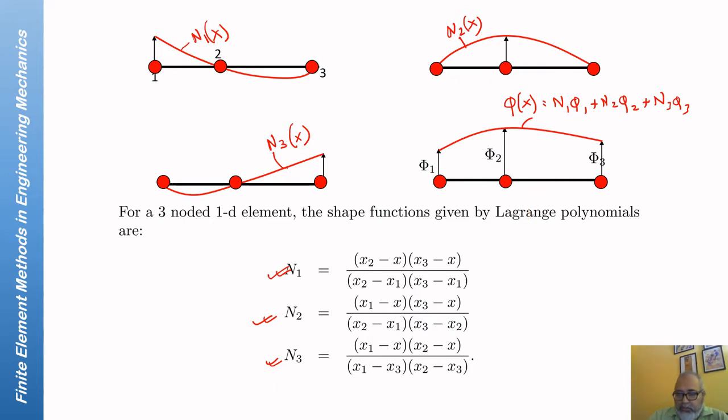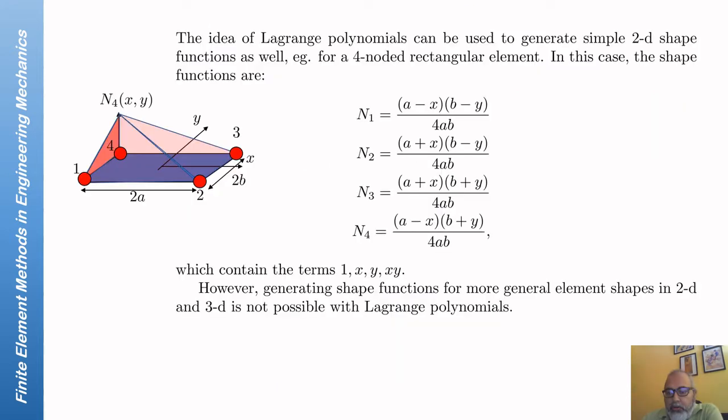for Lagrange polynomials. Now, in some cases, even for simple 2D situations, 2D elements, you may be able to generate the shape functions using simple Lagrange polynomials. So consider this element, which is a rectangle. This is a rectangular element. Let's put the coordinate axis at the middle.